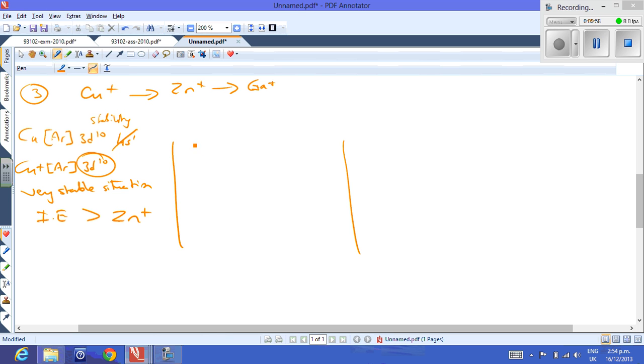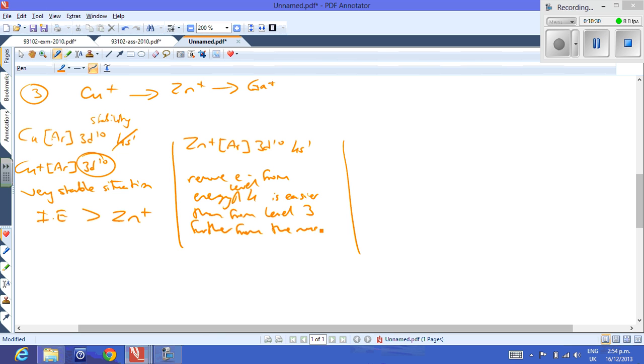The zinc positive ion now is going to be everything as far as argon, 3d10 4s1. So same situation as we had for the other two anomalies. To remove an electron from energy level 4 is easier than from level 3 because it's further from the nucleus.